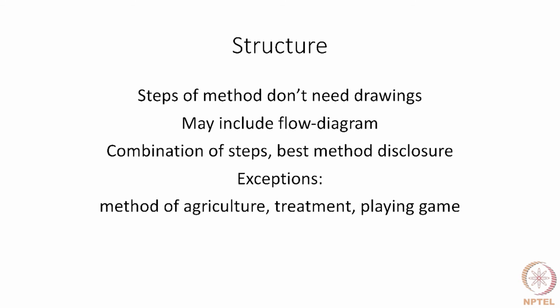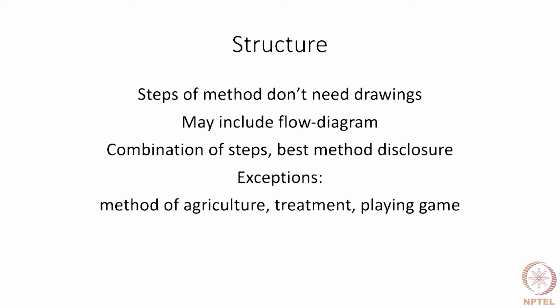But though method claims are barred, an equipment in agriculture can be patented because it's an apparatus. An apparatus that is used for a treatment or a surgical process can be patented. An apparatus for playing a game, what we call a toy, can also be patented. So the restriction on method patents is only to a few fields under the Patents Act.